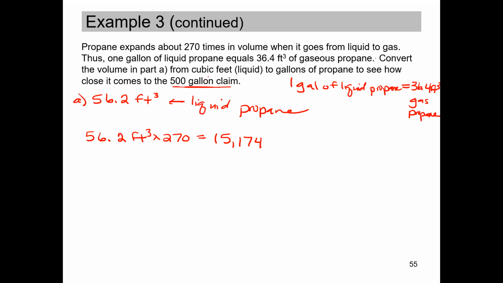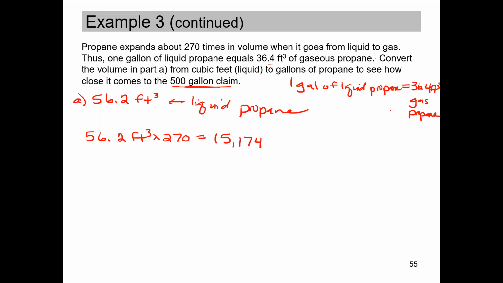And 1 gallon of liquid propane equals 36.4 cubic feet of gaseous amount of propane, I guess. It's hard to say, but that's what that is. So if I wanted to see what this is in gallons, I would divide by the 36.4, because 1 gallon of liquid equals that.